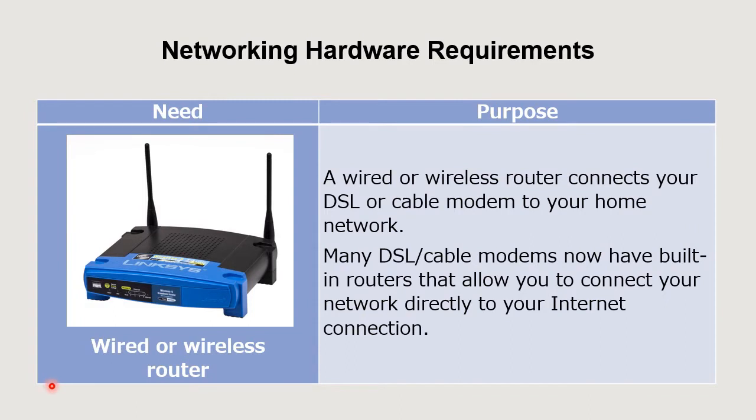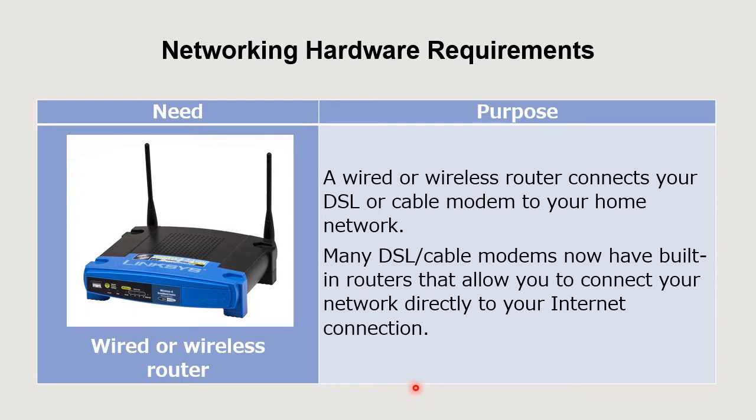We will also be needing a wired or wireless router. A wired or wireless router connects your DSL or cable modem to your home network. Many DSL or cable modems now have built-in routers that allow you to connect your network directly to your internet connection.